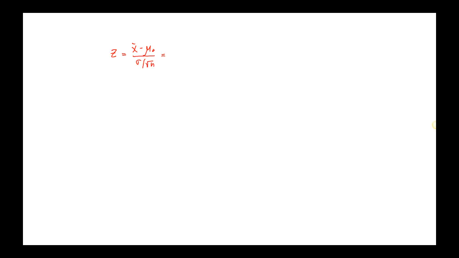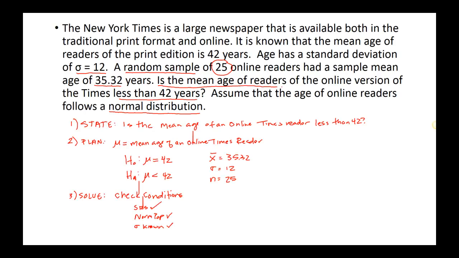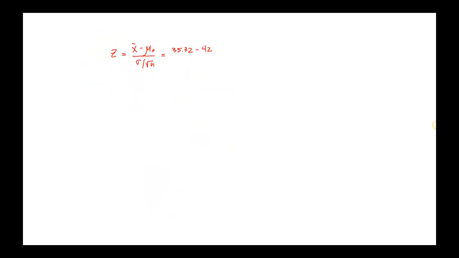So using the numbers that we found on the previous page, we can go ahead and fill in all the values for that. We're going to have 35.32, that was our sample mean, minus 42, and that 42 just comes from the null hypothesis. This is what we're saying mu is equal to under the null hypothesis.